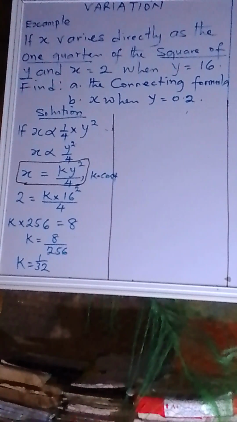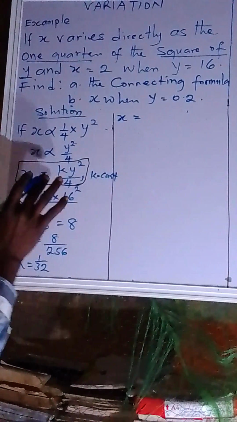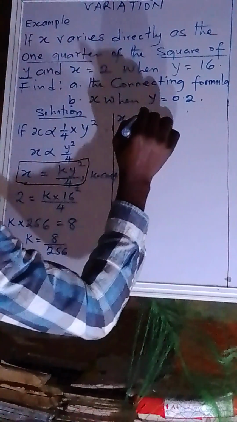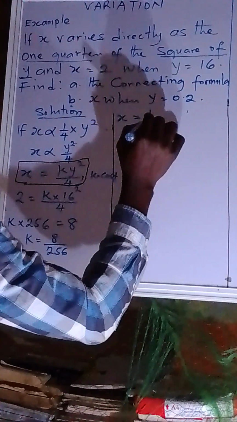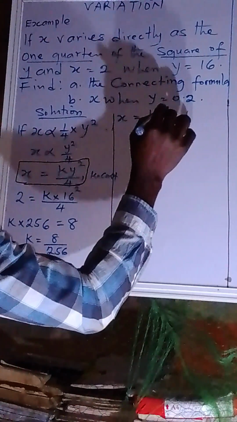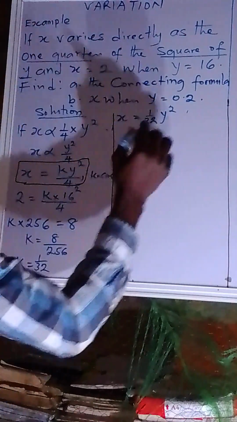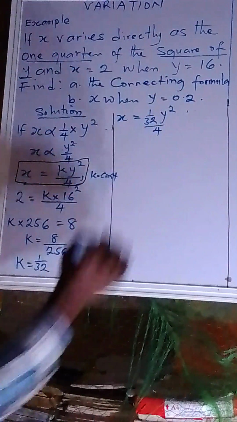So we are doing that now. So I have x equals, what is k? 1 over 32. I have y squared, everything over 4.